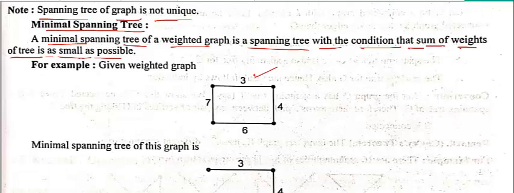This is a graph and we are going to find a spanning tree. You can delete this one. If I delete this one, you will get this. The number of vertices is the same; this is a spanning tree. The sum is 3, 4 and 6, which is 13.